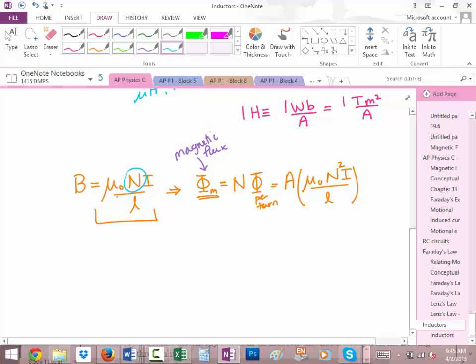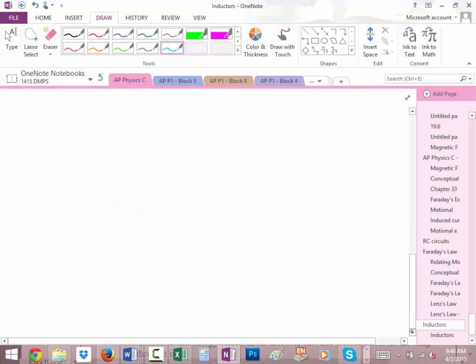It's kind of weird, because before, when we were just talking about a solenoid, we weren't talking about inducing anything, so we didn't care about the flux. All we cared about was generating a magnetic field inside a solenoid. Wouldn't the flux per turn not have an N? It's just one turn. Okay, let me back up.